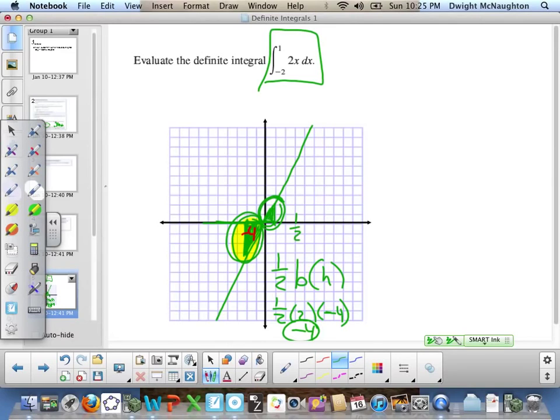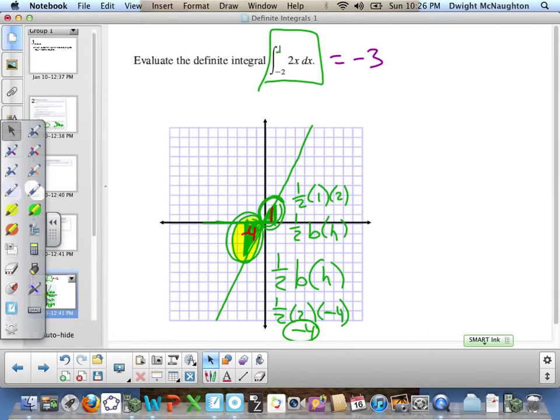Again, 1/2 the base times the height. The base this time is 1 because we go to 0, 1. So it's 1/2 of 1. The height is 2 times 1, which is 2. So that area is 1. When we add those two regions together, we get our overall area to be negative 3. So the definite integral from negative 2 to 1 of 2x with respect to x is negative 3.